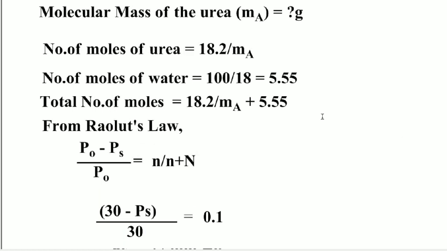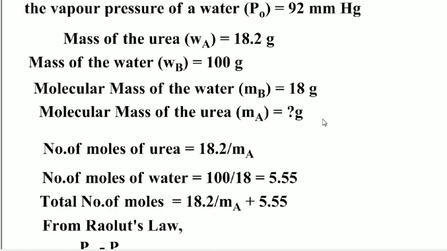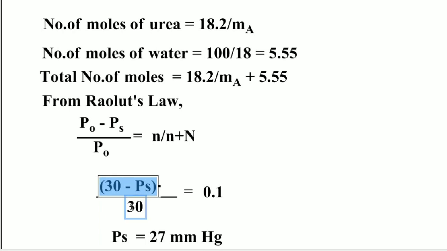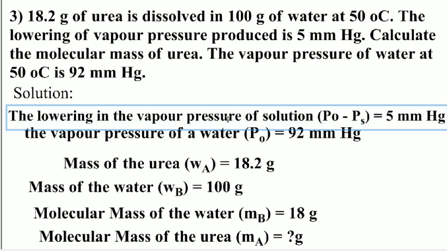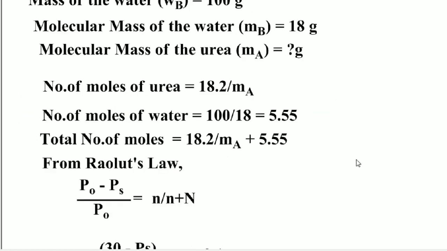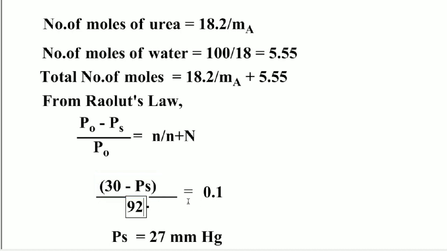Now P naught is given as 92 mmHg, and P naught minus Ps, the lowering in the vapor pressure of the solution, is given as 5 mmHg.